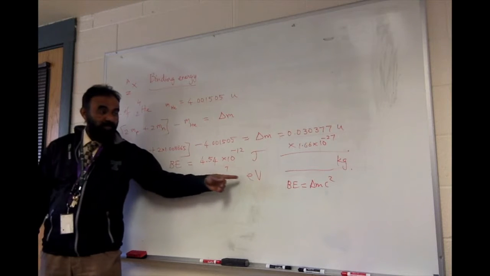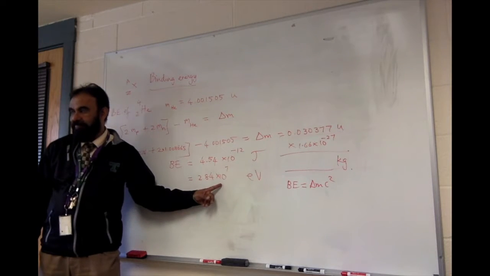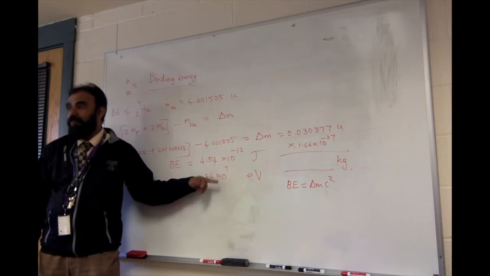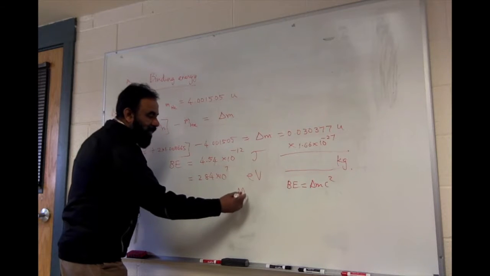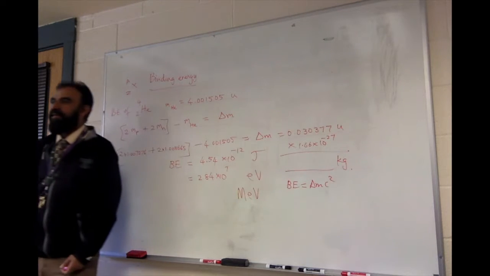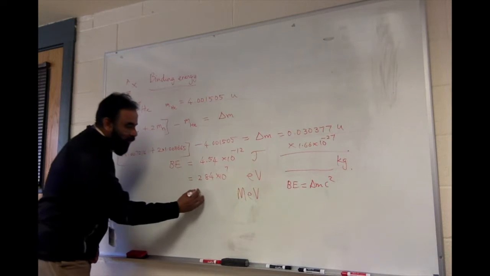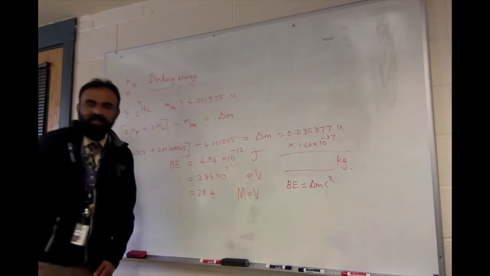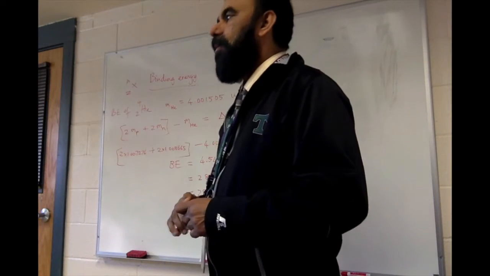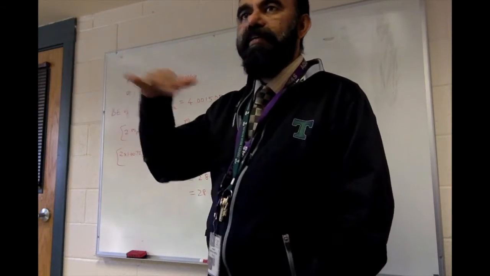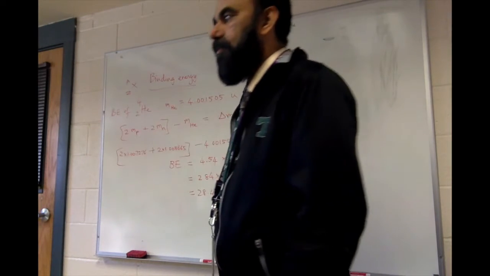Now, when you express it in electron volts, this looks like a big amount of energy. So then again, we use prefixes. Million electron volts, mega electron volts. How much is it? 28.4 million electron volts. That's how we normally express binding energy. All the binding energies for all the nuclei, we normally express in million electron volts.